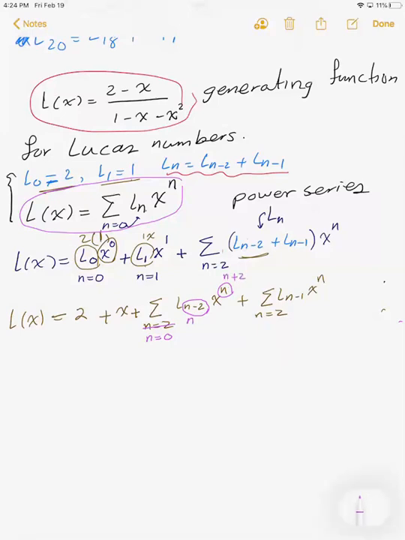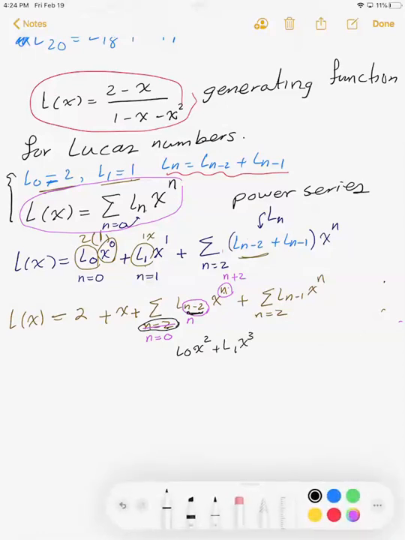I just want to show you the justification for that. So suppose I had n is equal to 2. If I put 2 here, I get 2 minus 2 is 0, so I get L0. If I put 2 here, I get x to the power 2. And then if I change it to 3, I get 3 minus 1 here, I get L1. And then if I put a 3 here, I get x^3. Now look what happens with the new changes, with the new n equal to 0.